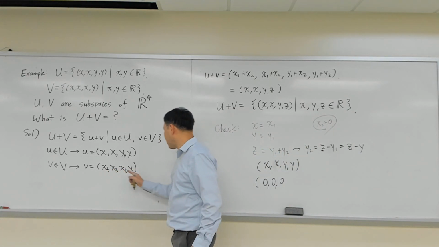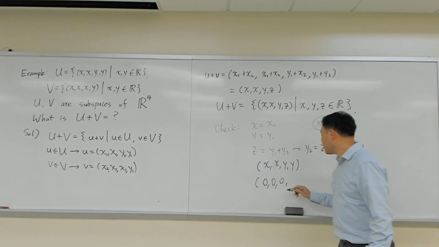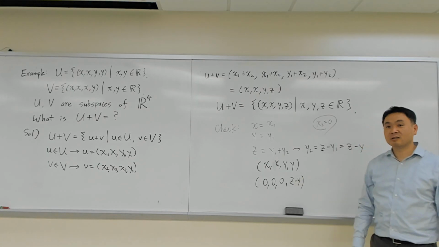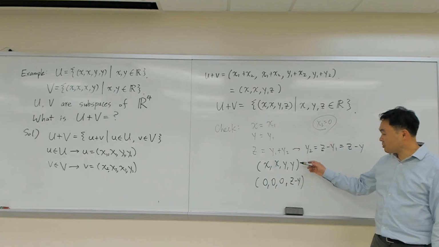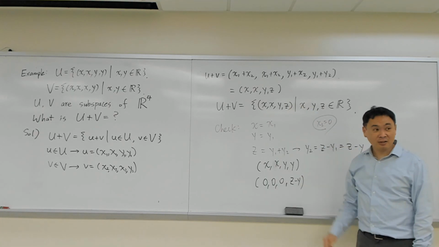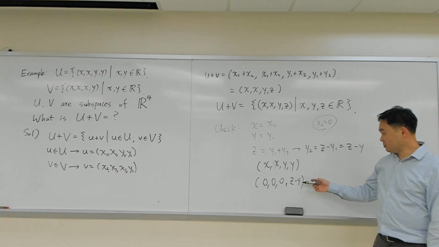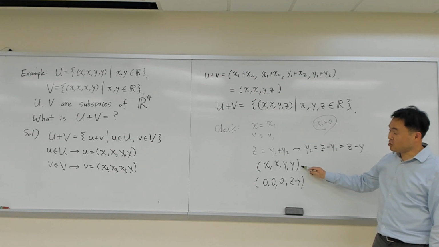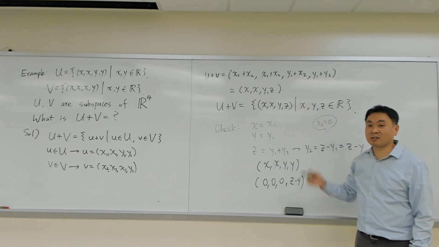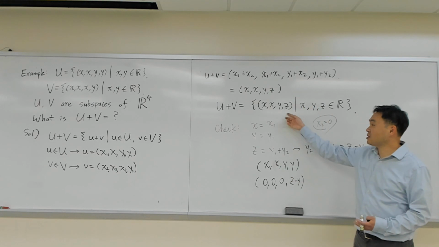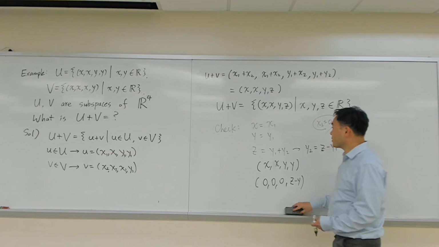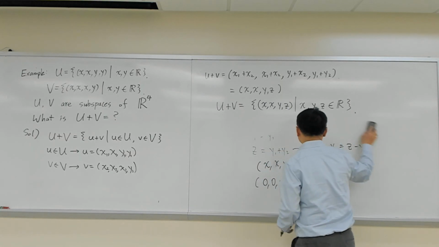Now see what you get if you add them. You get exactly this, right? So this is definitely from U, this is definitely from V. I managed to add them up to create anything like that, so I'm right.